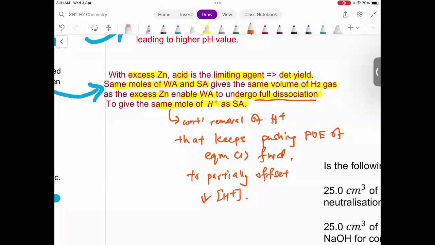So you have to look at the marks given, then you determine how much you need to write or elaborate.